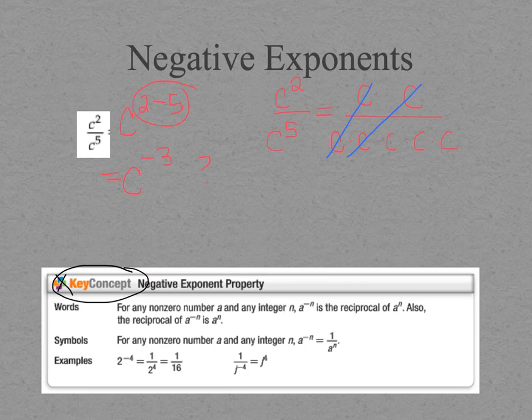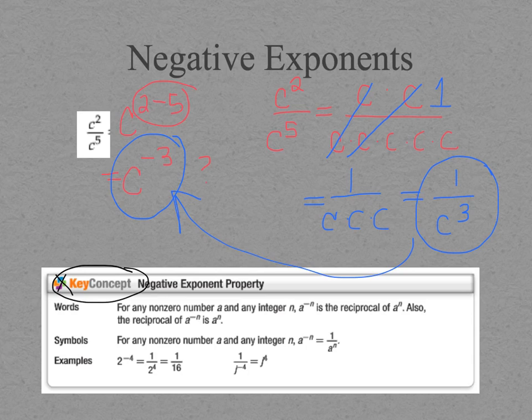But that doesn't mean that it's a 0 on top. It means that it's a 1 on top. There's nothing up there, but the 1 is that placeholder. So really, this is 1 over c times c times c, which is 1 over c cubed. So c to the negative 3, the negative third power, has to really equal 1 over c cubed.